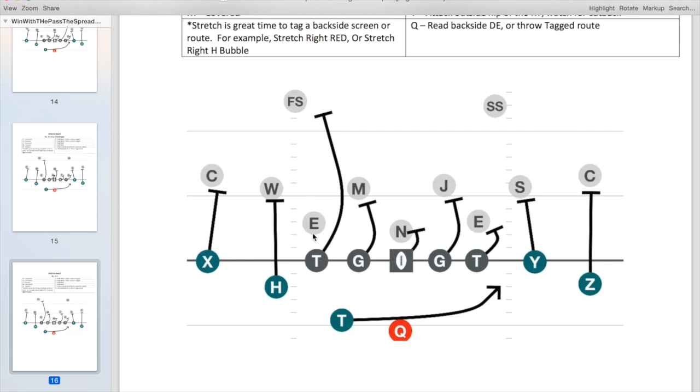But if all things are equal, and you can handle their 5 interior guys, if they're going to put 5 in the box, remember you don't have to block him. So really, you're 6 on 4. I like running inside against 5-man boxes more than I like running stretch. But if you do want to run stretch, just stick with your rules. Covered and uncovered principles. Teach your guys to step flat, anticipate slant, and if they don't get it, get up to that second level.